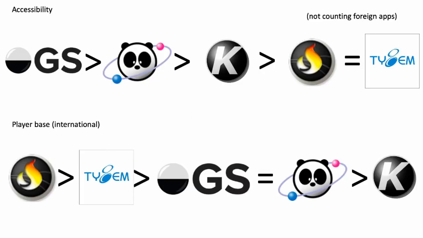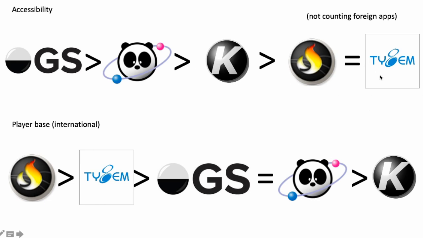Now, a quick summary of what we talked about. In terms of accessibility, this is the ranking that I gave. OGS definitely has the best because you can just open a browser and play on it. Next is Pandanet, which has multiple interfaces and apps, and also has a mobile version. KGS is next because it's built on Java, and as long as you have Java installed, you should be able to run it.